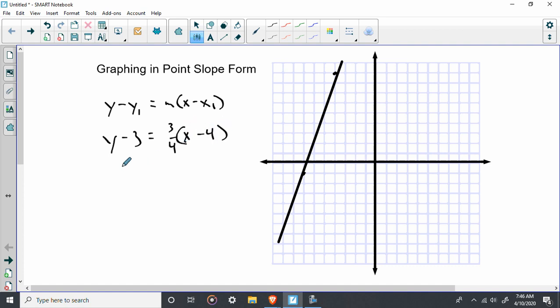So again, what's your point? Flip the sign of the x, remember, x is around this side, y is around this side. Flip the sign of the x, flip the sign of the y. What's your slope? 3/4.